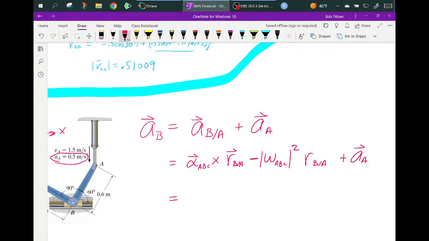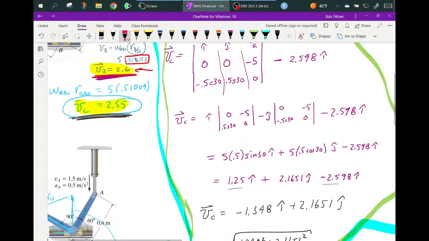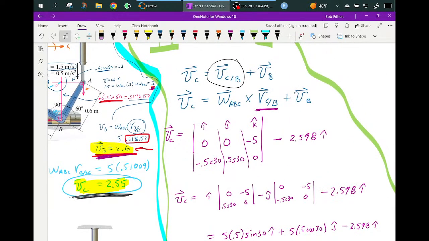Now what is so nice here is that I have a copy of this to fill out this. I already have an equation right here, and this was it.